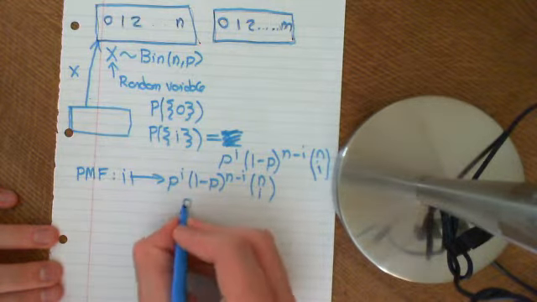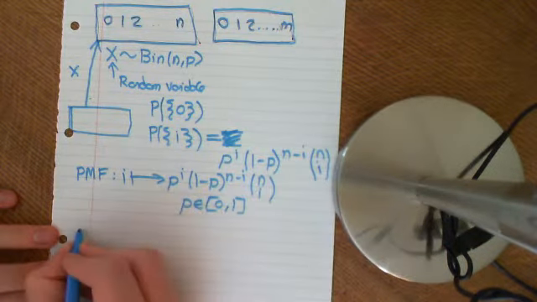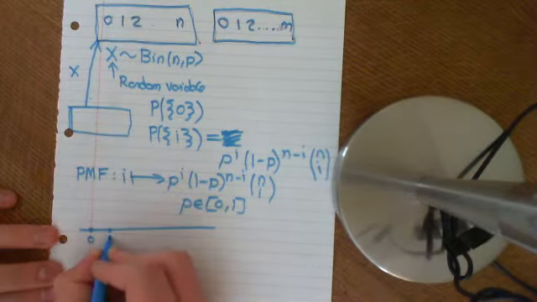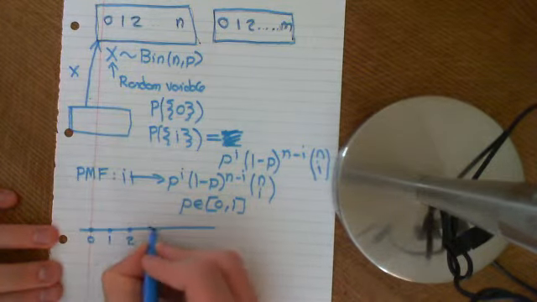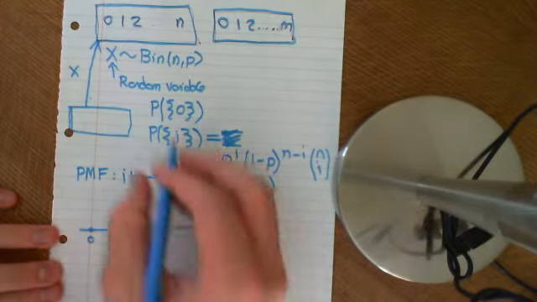So firstly, note that p is an element of 0 to 1. All we need to prove is that, if you think about this, you've got 0, 1, 2, all the way up to n, and we're plotting this value out.